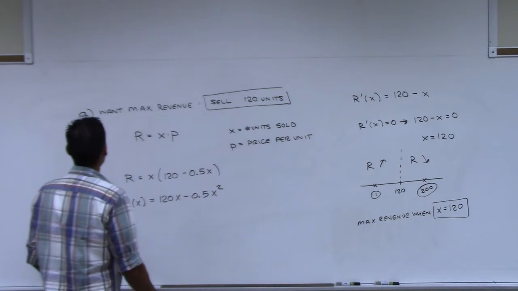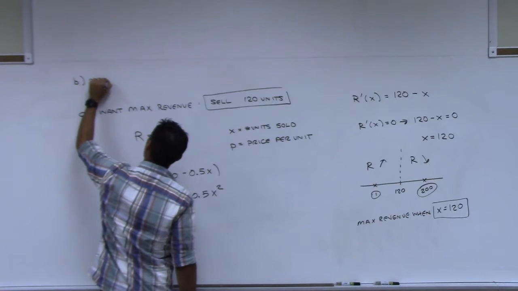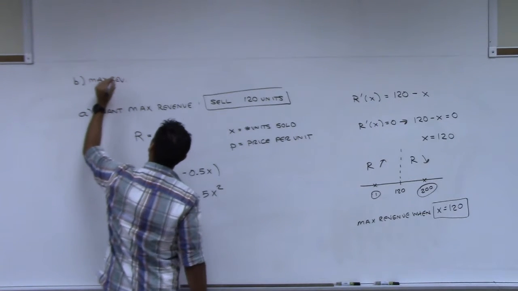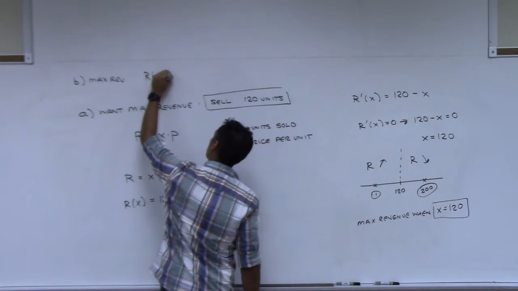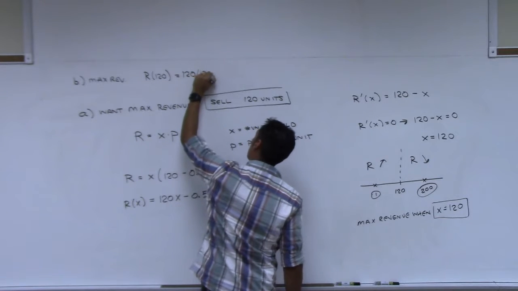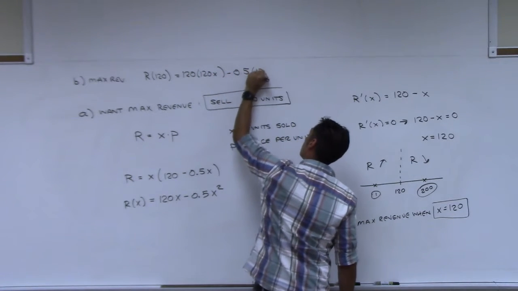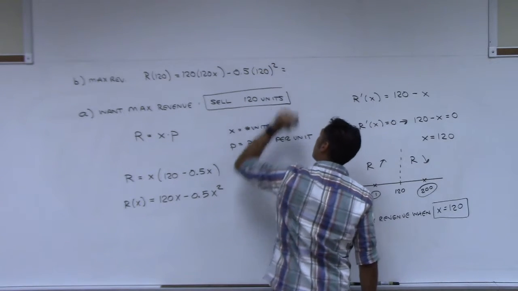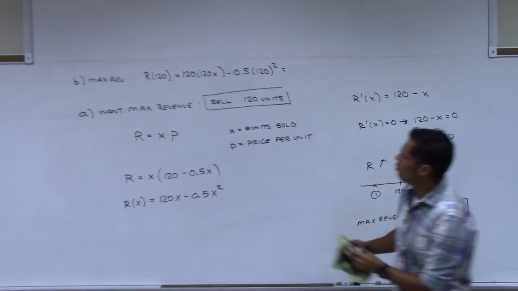So for part B, the maximum revenue, we're going to do R and we're going to plug 120 in. That means we're going to do 120 times 120 minus 0.5 times 120 squared. Anybody got that yet for me? Oh wait, I don't know why I put 120x.